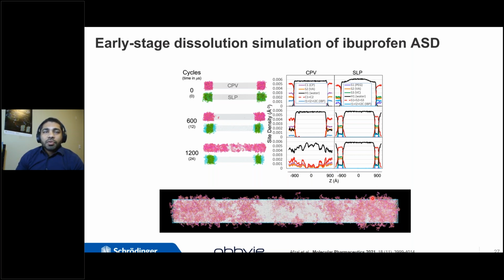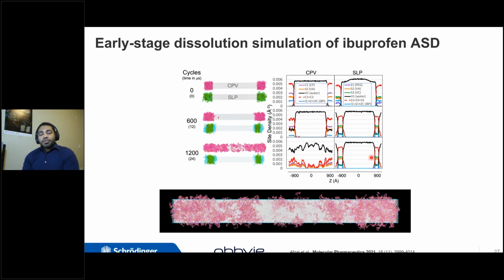And in addition to the qualitative analysis that I'm showing here, we can also do some quantification of what the density profile of individual components would look like. So for example, in CPV, which is copovidone, we are seeing that the density profiles of all of the components do change, whereas in soluplus, we are not seeing any change in the density profiles.